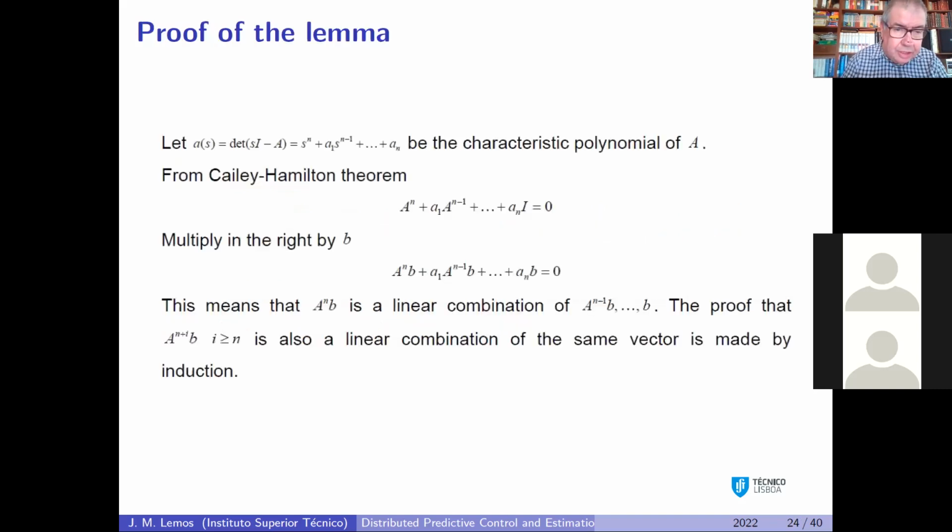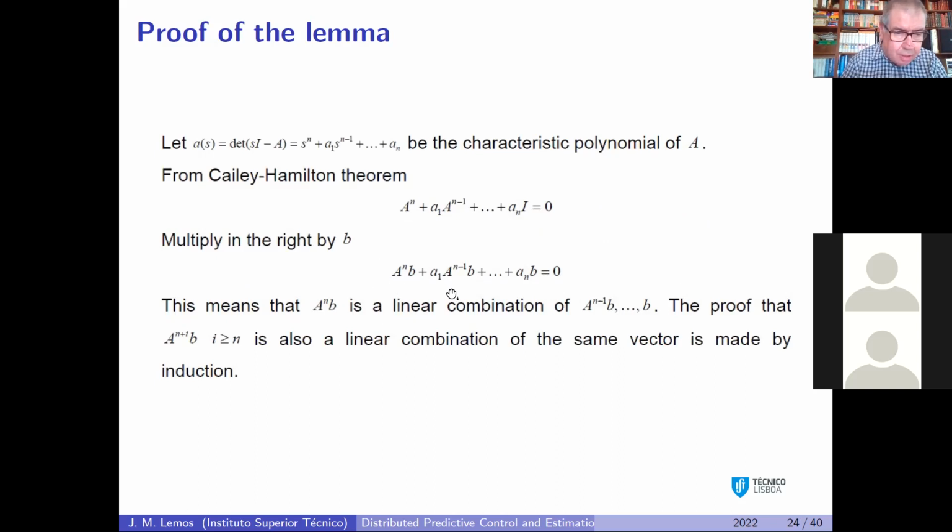How can we prove this? The proof is, we start with the Cayley-Hamilton theorem. Then we multiply on the right by B. This means that A to the n times B can be expressed as a linear combination of the powers between 0 and n minus 1. And then you go on recursively.